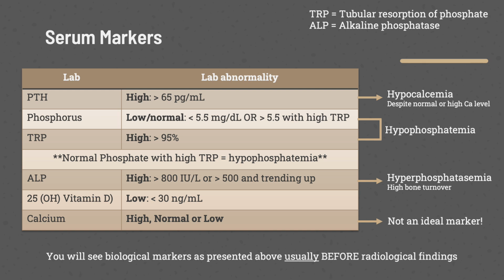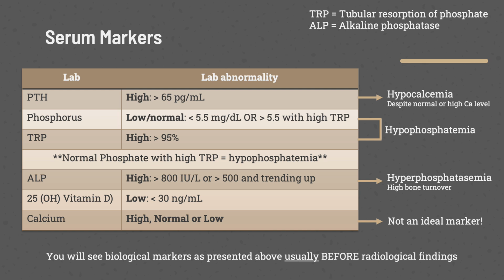Now this is counterintuitive because despite calcium levels potentially being normal or even high, we know that these infants are still having hypocalcemia due to them trying to pull calcium from the bone, which then is going to increase our plasma calcium concentration, which is the lab that we typically get to go off of. So it may look like we have a normal or high calcium level, but baby is probably trying to pull calcium from the bone, which is causing more problems.